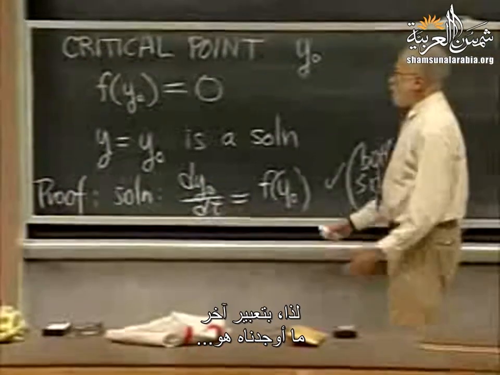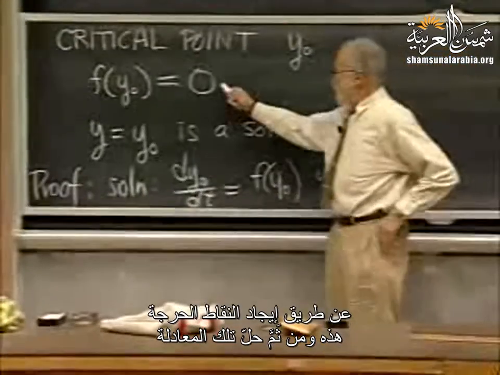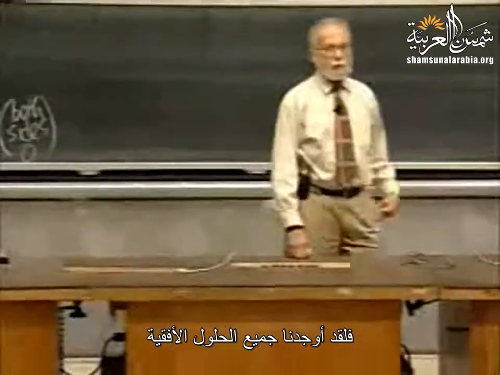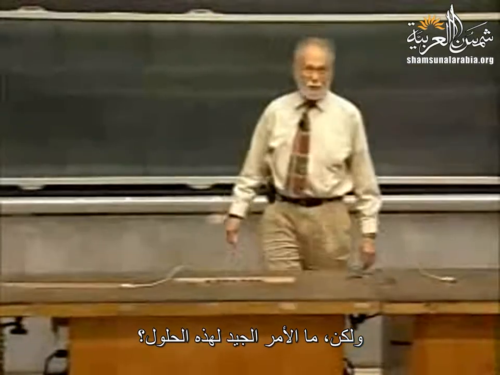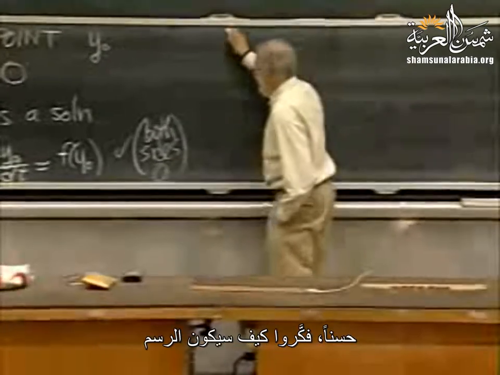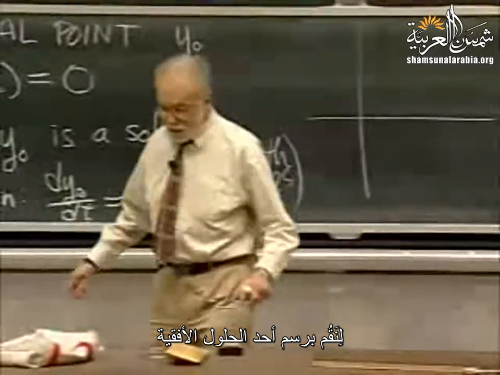Well, that's nice. So by finding these critical points, solving that equation, we found all the horizontal solutions. But what's so good about those? Surely they must be the least interesting solutions there are. Well, think of how the picture goes. Let's draw in one of those horizontal solutions.